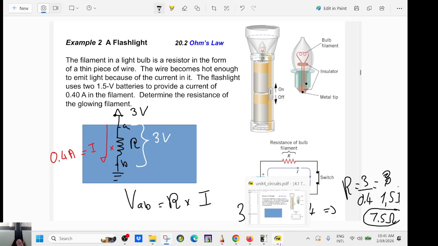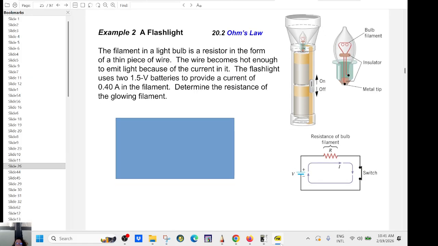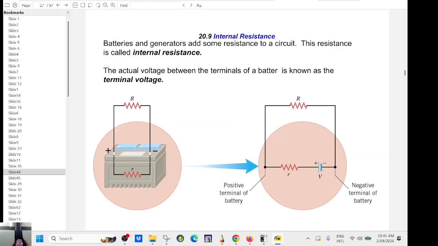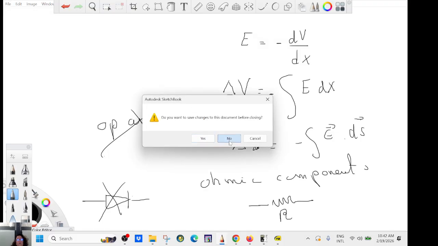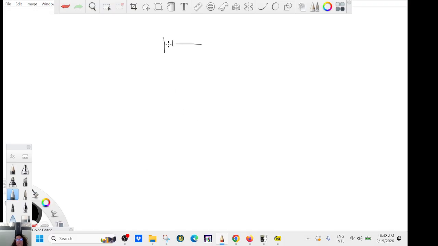Okay. So we have something about internal resistance. I just want to remind you, if you have two loads, you have a circuit with a power supply here, and let's say you have a resistance R1, and then you have a resistance R2.